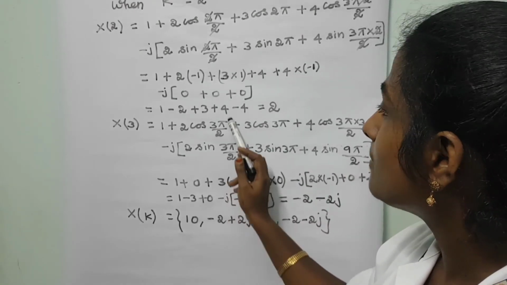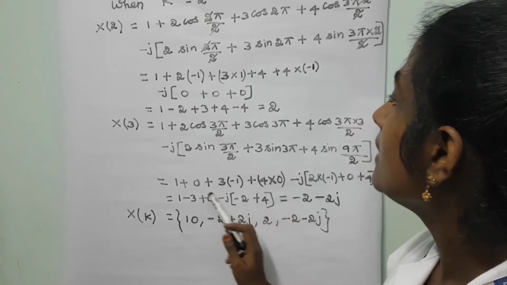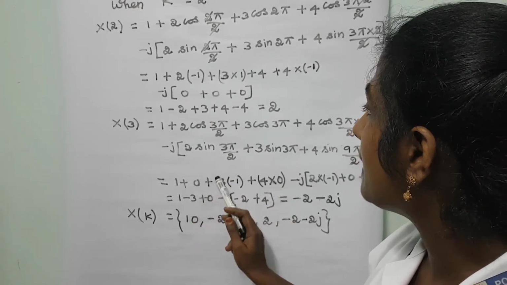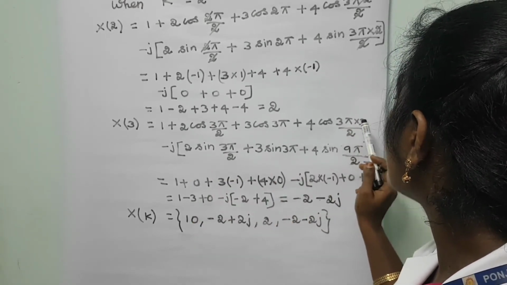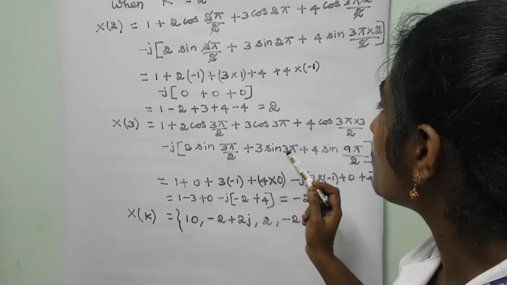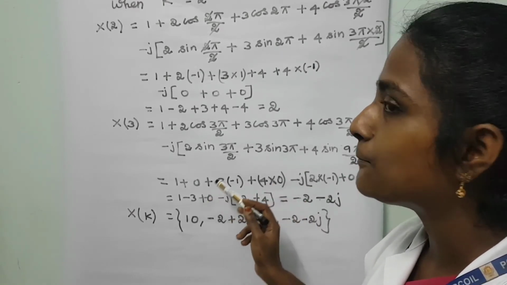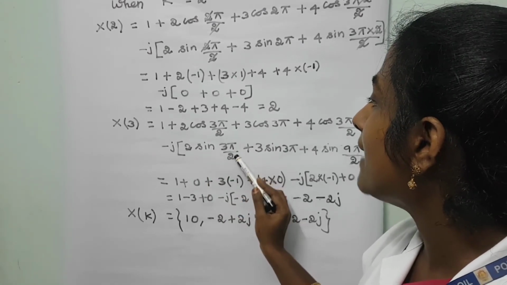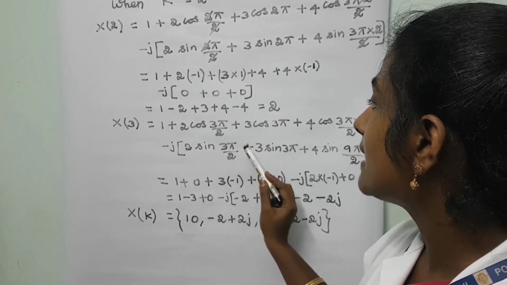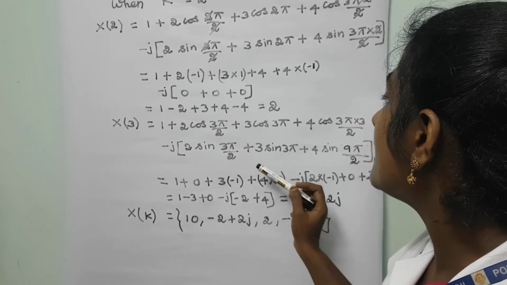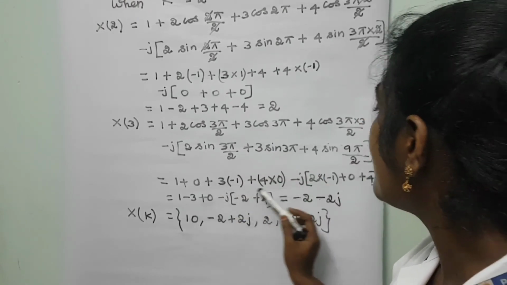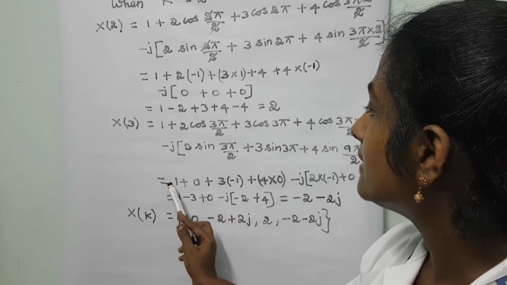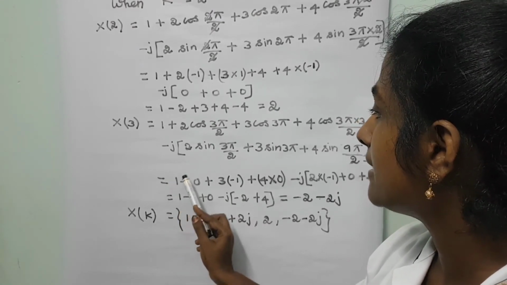You compute these values for cos 3 pi by 2, cos 3 pi, cos 9 pi by 2. These values can be computed in the calculator by putting the calculator in radian mode, and you can directly type cos 3 pi, otherwise cos pi, otherwise sin pi, and you can get these values and write them in the formula.